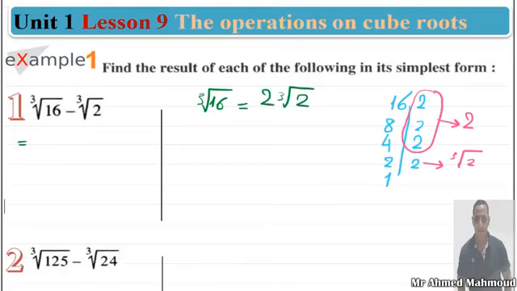Then the first one will be 2 cubic root 2 minus cubic root 2, which is actually in the simplest form because 2 is a prime number. Then I will write cubic root 2 again, and then 2 minus 1 equals 1. Then I'm going to write cubic root 2 in the simplest form.